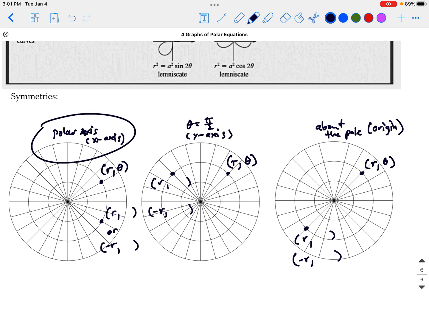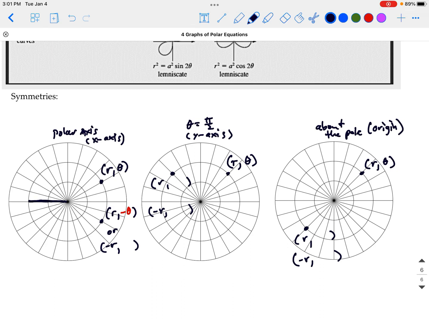If we look at our polar axis case, if I measure myself out r units, then to get to that first coordinate with positive r is just going to be to rotate clockwise, so rotate in the negative direction. So I'm just going to use negative theta. So r, negative theta is going to be our first check.